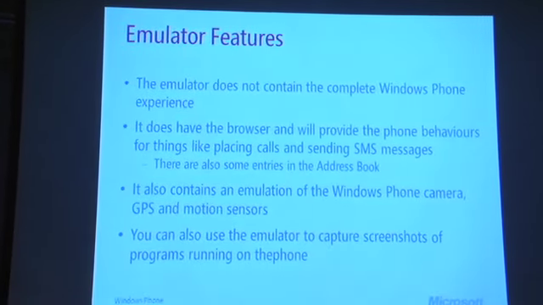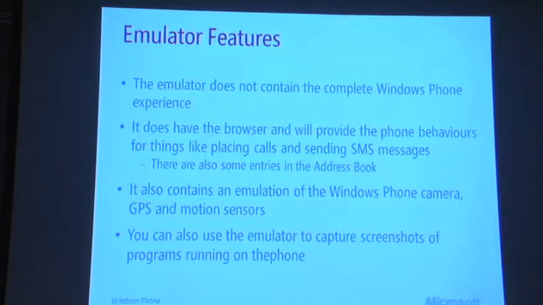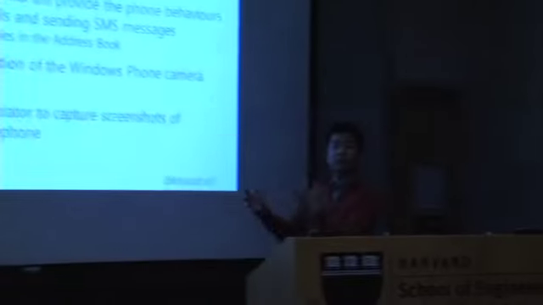But it doesn't have that same experience. You're clicking and dragging, and even if you have a touch screen, it's really not the same. Things like making calls, SMS messages, even taking pictures will not work on the simulator. Same thing with GPS, but there are ways to simulate that as well.